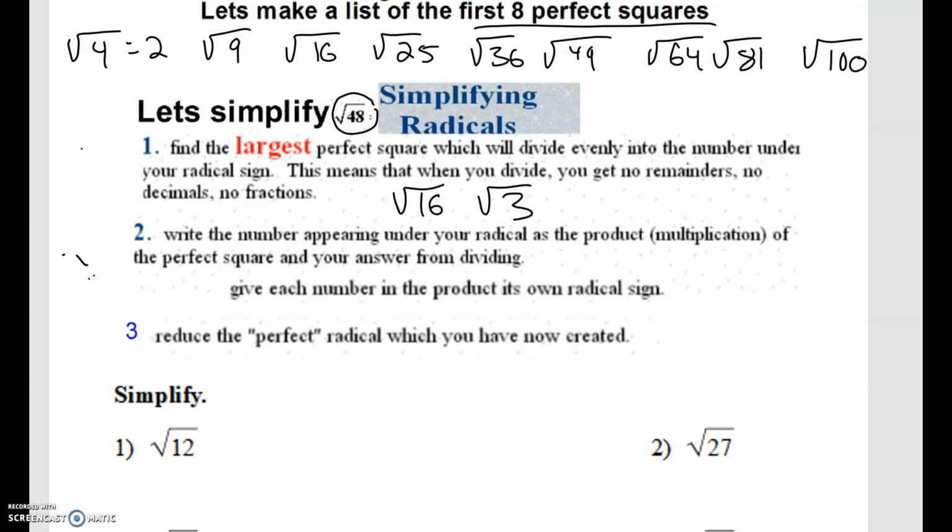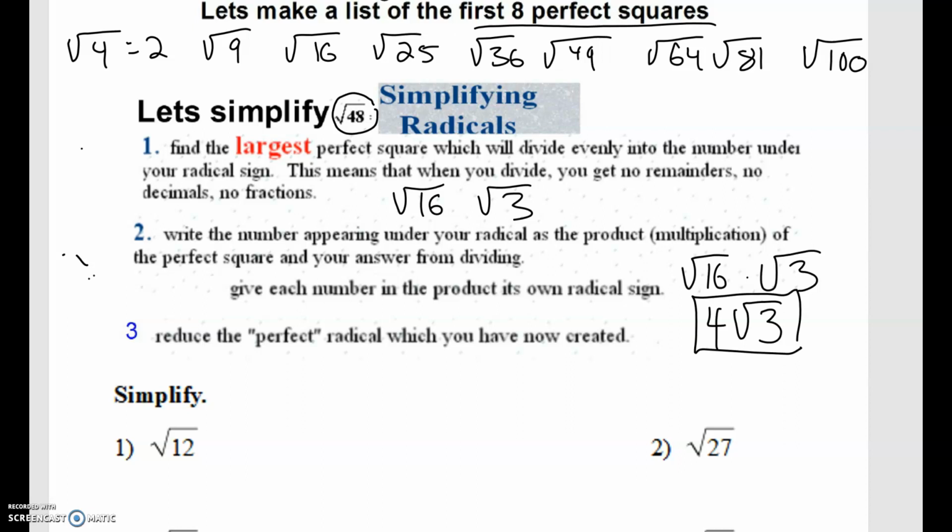So we're going to write it like this, and you're going to take the one that is perfect, which is 16. The square root of 16 is going to be 4. Radical 3 is not perfect, and then we are done.